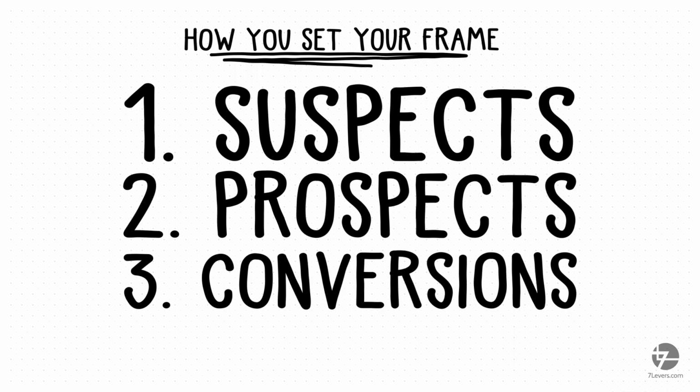Again, another different business would be services, where suspects call the office, prospects request a quote, and conversions may pay the initial invoice. But you can see in those different businesses that all 3 levers are distinctly different.